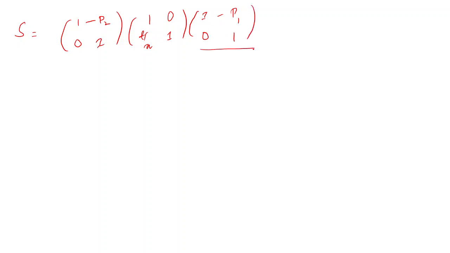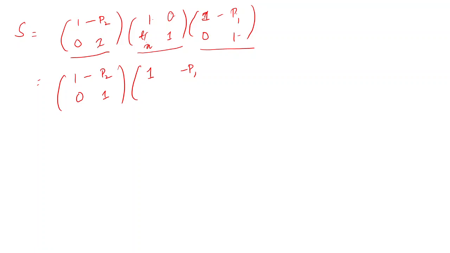Again, refraction at P, translation between P and Q, and refraction at Q. So now if I do the math, what I'm going to get is 1 minus P2, 0, 1, and here you would get 1 times 1 is 1, 0 times 0 is 0, so I have 1, right? 1 times minus P1 is minus P1, and 0 times 1 is 0.